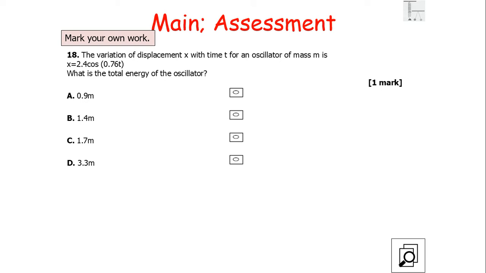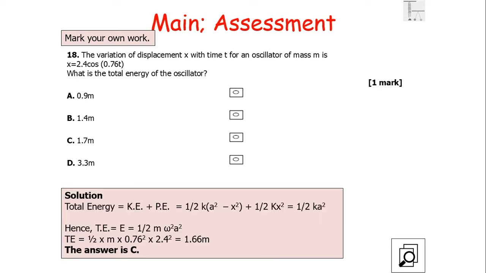Question 18. The variation of displacement x with time t for an oscillator of mass m is given by x equals 2.4 cos 0.76t. What's the total energy for the oscillator? So like we mentioned before, the total energy in an oscillator is kinetic energy plus potential energy, which when you work it through, you can work out the kinetic energy by doing a half mv squared, and then subbing in the values, and the same for potential energy.